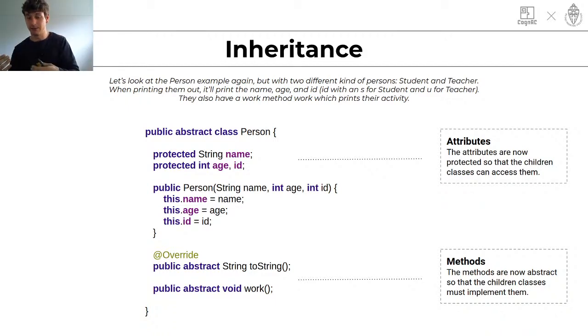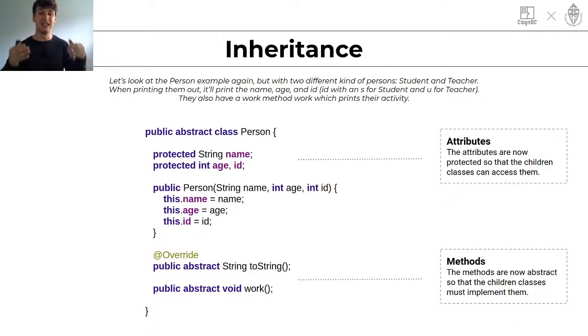But that string representation, that identification representation, and the work are different for students and for teachers. So what we can do in Java is make these abstract methods, basically saying, okay, both students and teachers need to have a toString and a work function, but what they do exactly, that will be determined in the classes themselves. That's basically what abstract means.